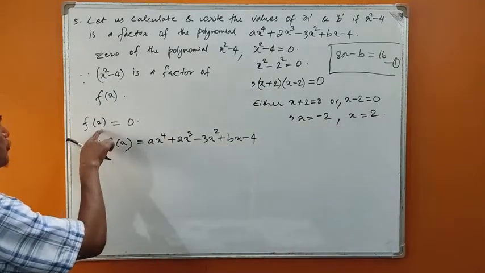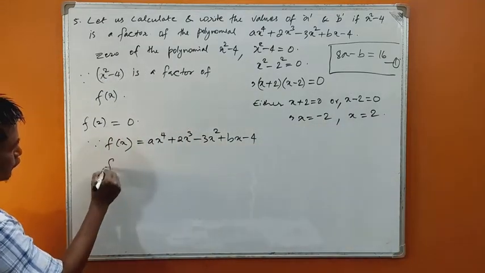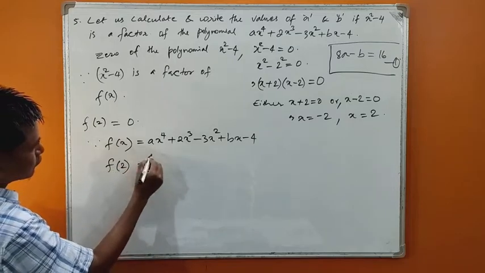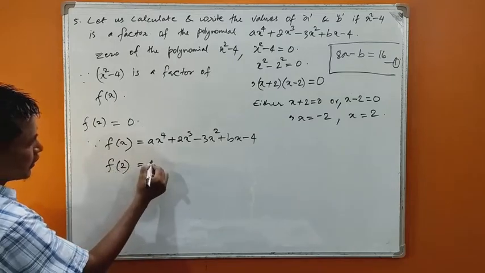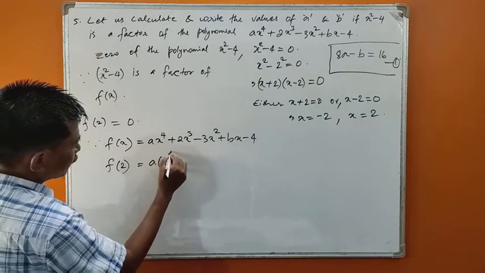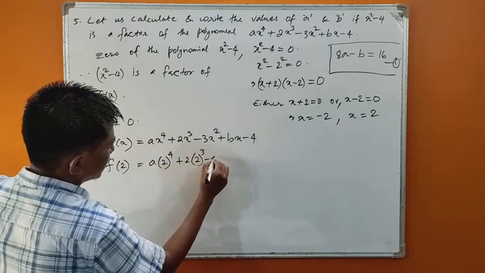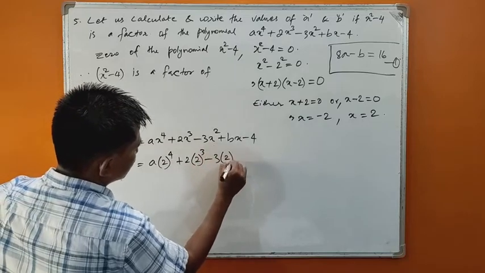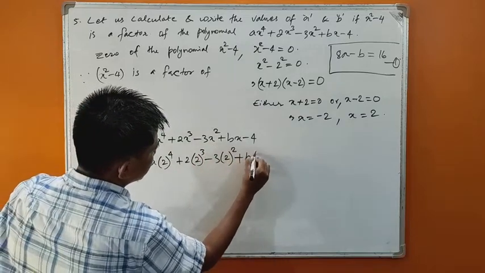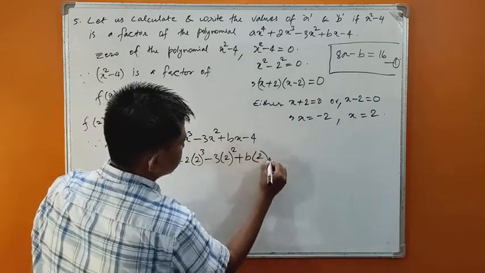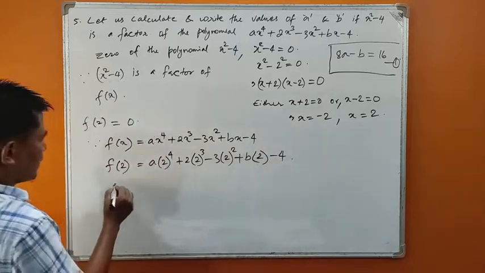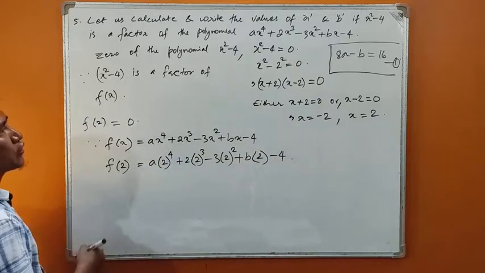f(2) will be equal to, instead of x I write 2: a into 2 to the power 4 plus 2 into 2 cubed minus 3 into 2 whole square plus b into 2 minus 4, isn't it? f(2) means 0, the remainder should be equal to 0.